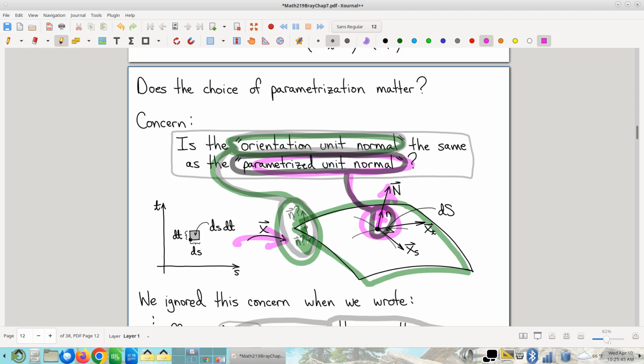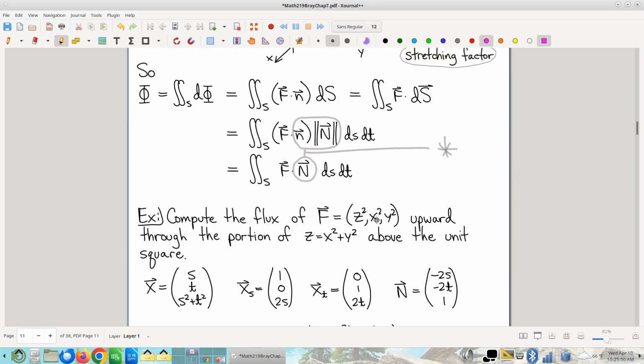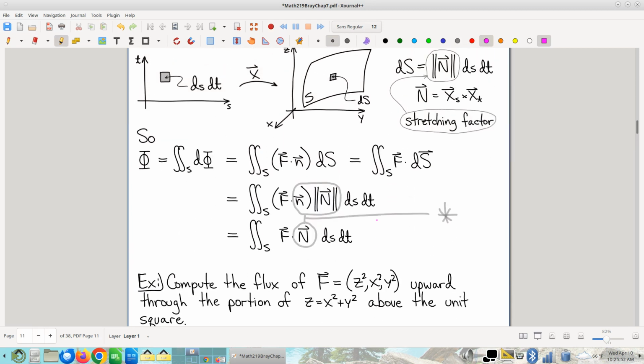And this is the little math crime that I committed in the development on the previous page. What I did here is I assumed, inappropriately, that the normal vector that comes in the statement of the question, the normal vector that's intrinsic to the surface, the normal vector that's pointing in the direction of your dS vector, I just assumed that that would be in the same direction.